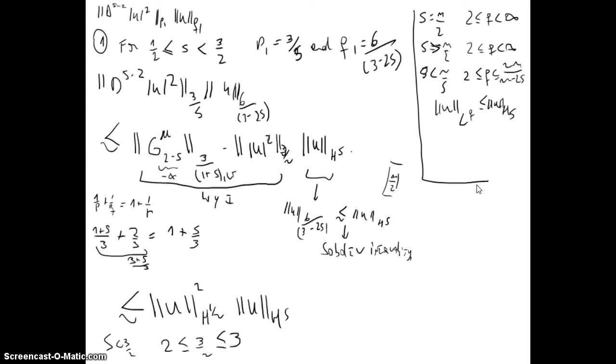Okay, just changing the numbers, it will give this, and this for the case s less than 3 halves, because we are in n equals 3. We are in this case.